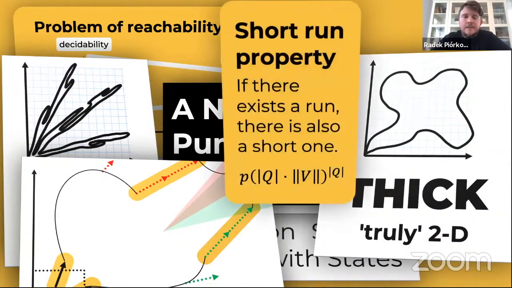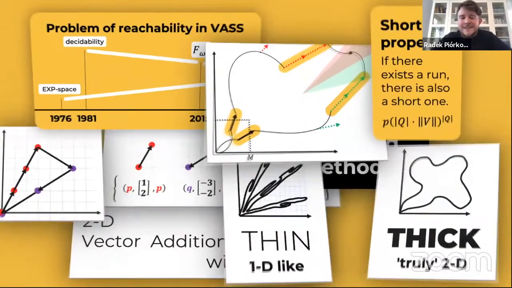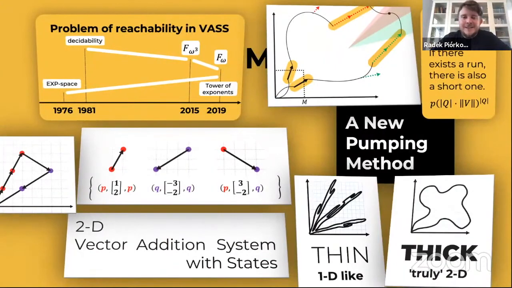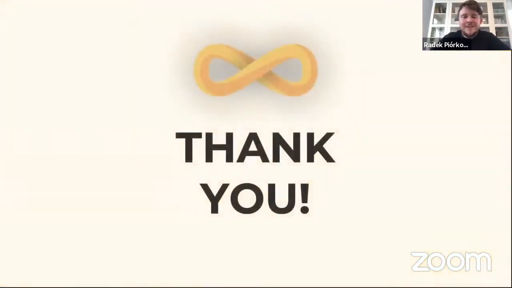And then I told you that we may use our techniques to prove the short-run property in two-VASes. So that's it. That's all I had prepared for today. So thank you for your attention. And now maybe there are any questions. Are there any questions?